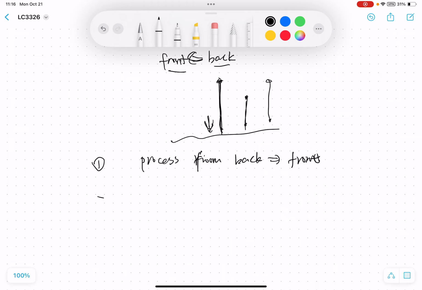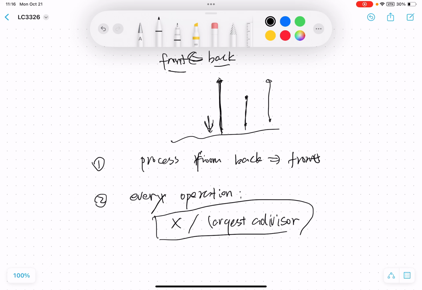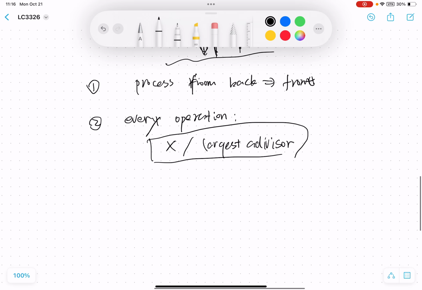For every operation, for every element, what should we do? Actually, for any number x, we make it x divided by its largest divisor. This value will be the smallest prime number among the divisors of x.